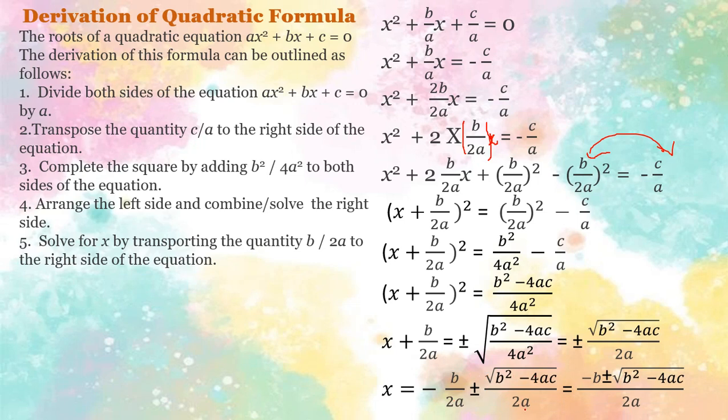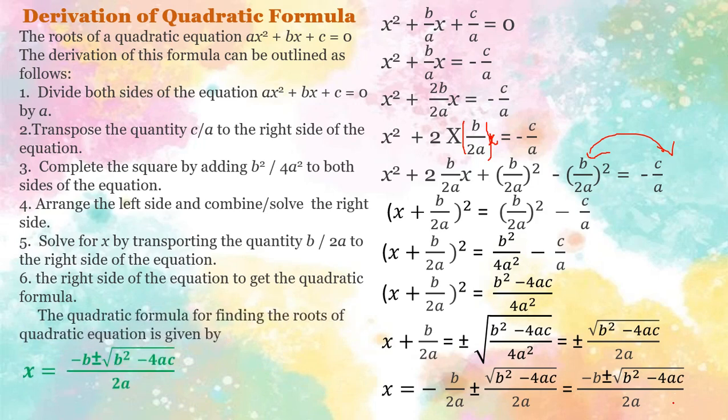So when we solve the right hand side by taking the LCM, we get 2a as the LCM. So minus b plus or minus under root b square minus 4ac. So here the right side of the equation becomes the quadratic formula for the value of x.